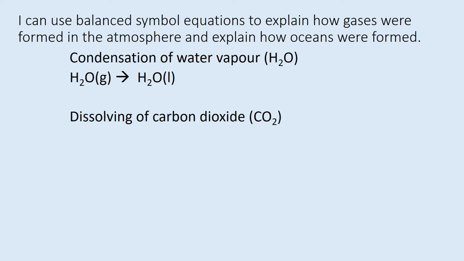So hopefully, again, this is just a state symbol situation really, and that is gaseous carbon dioxide going to a carbon dioxide solution. Right, now the next one is another reason why carbon dioxide decreased, and also why, of course, one of the other gases increased.